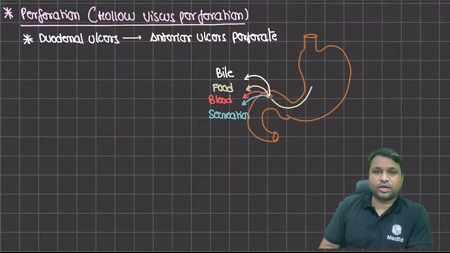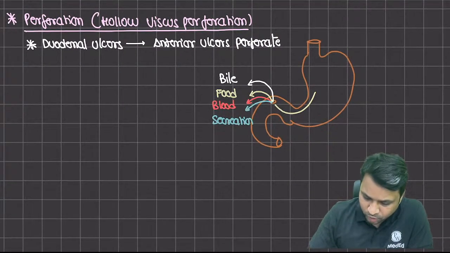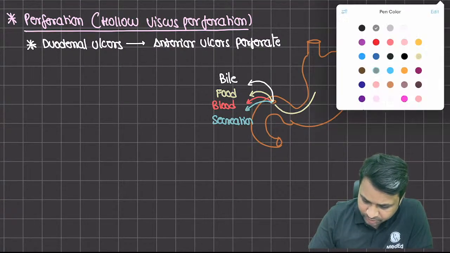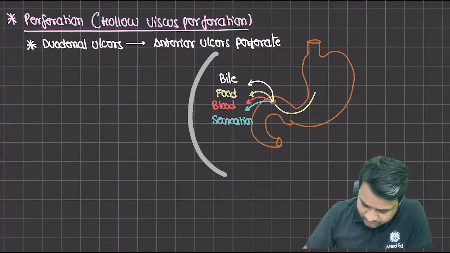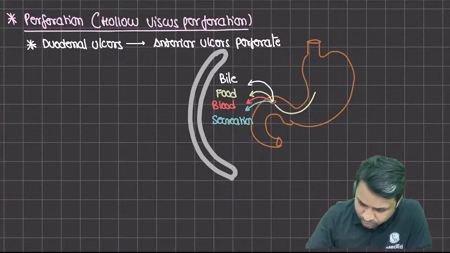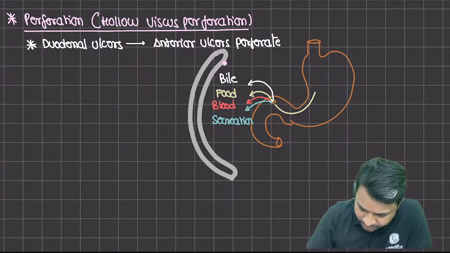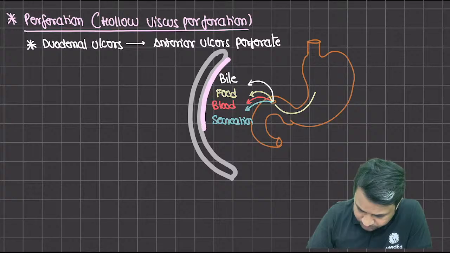Now, all these contents, when they spill out, are going to fall into the abdominal cavity. This is the abdominal wall, and it is lined by the peritoneum. So this is the peritoneum that is present, right?